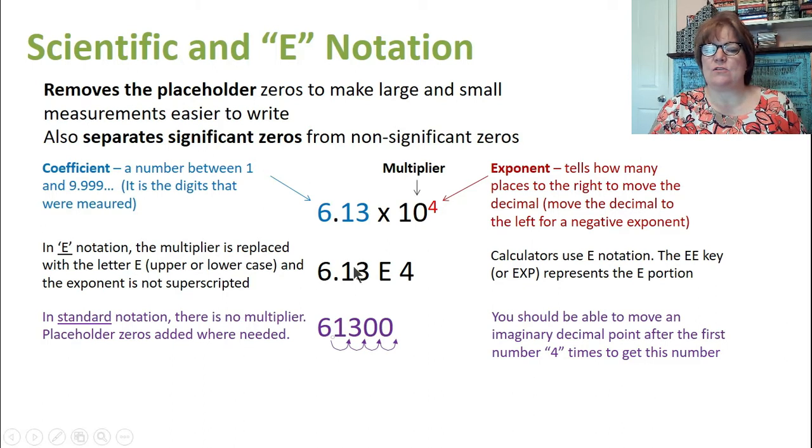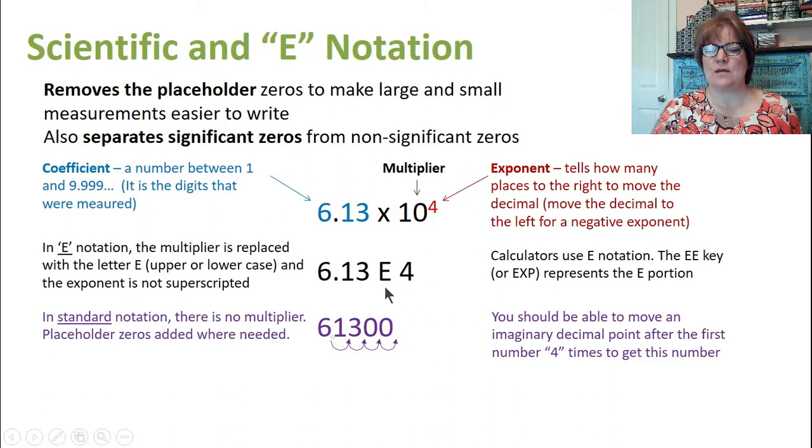The other way I can do this is to just write the E, either small case or large case, to indicate the times 10 part. So the 4 after the E is the exponent. This is far easier to type, right? This is hard to type, especially since the 4 should be superscripted.